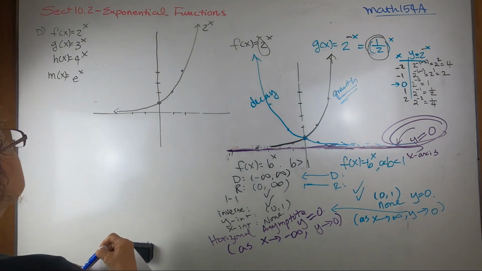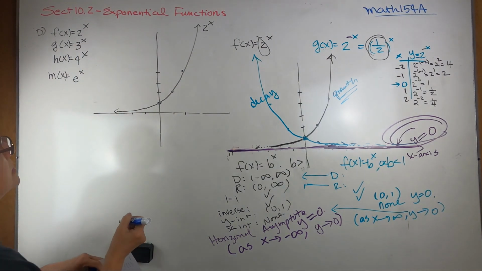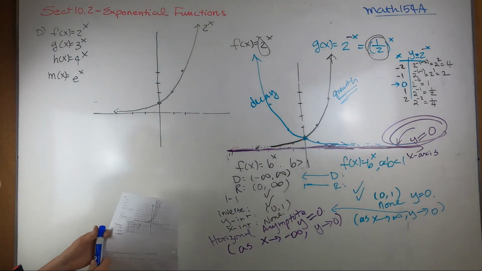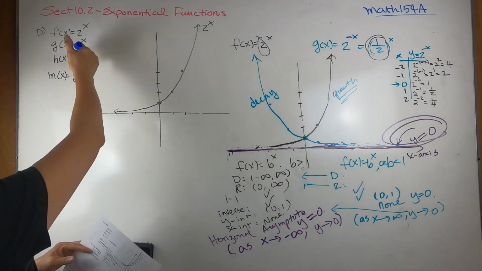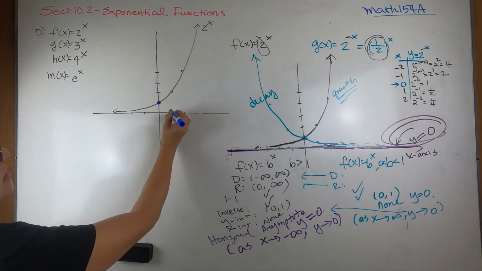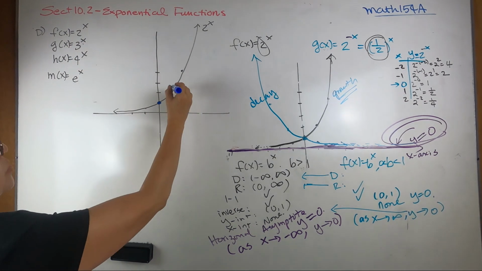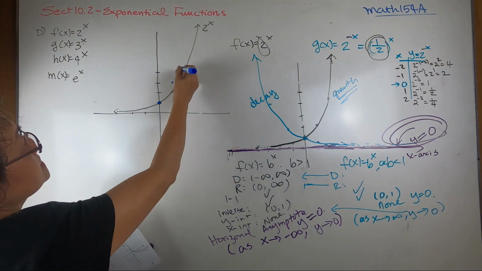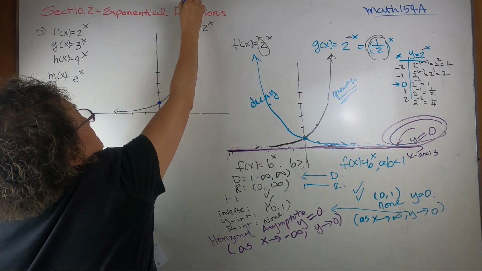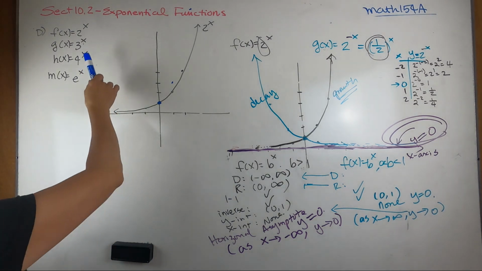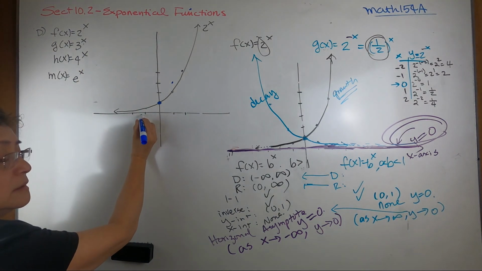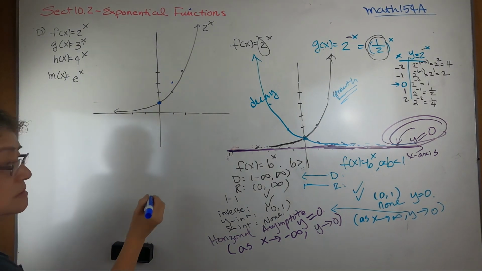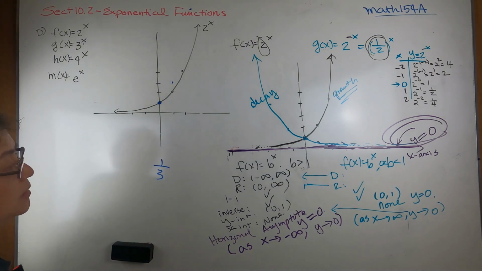Then let's do 3 to the x. So you do your t-table, right? x is 0, 3 to the 0 is still 1, x is 1, then would be 3, right? 3 to the 2 power, instead of 4, it would be 9, okay? Then x is -1, then 3 to the -1 power is 1 over 3 to the 1 power, 1/3.